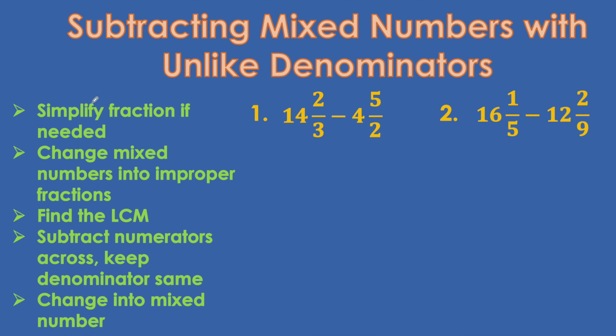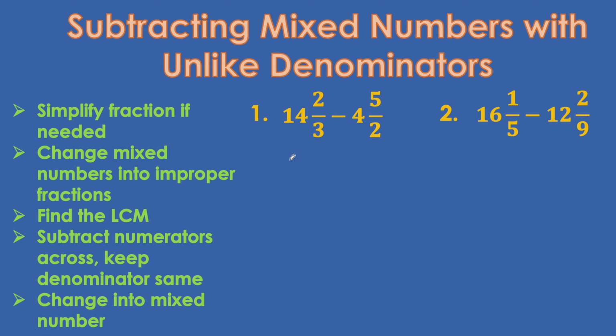First, we're going to simplify the fraction if needed. We can't, so we're going to change the mixed numbers into improper fractions. Now, I think it's easier to change the mixed numbers into improper fractions than change them back to a mixed number at the end. This will help you get less mistakes.